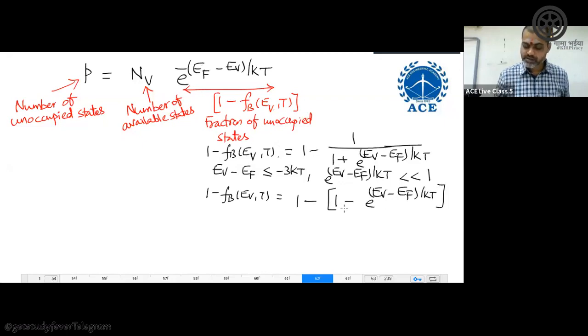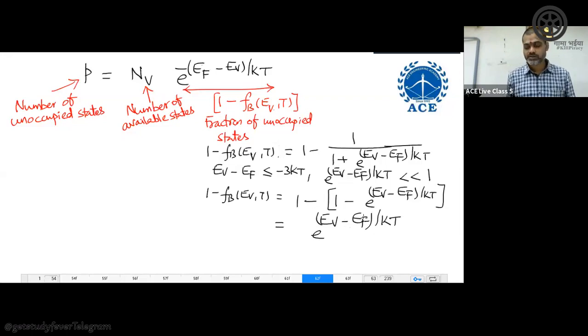You take this 1 plus e power EV minus EF by KT whole power minus 1, and that minus 1 I am putting here. So this 1 will go, that minus sign will go. What am I going to get? E power EV minus EF divided by KT. And that is what we have written there. Only the thing is, instead of EV minus EF, I am having minus of EF minus EV.